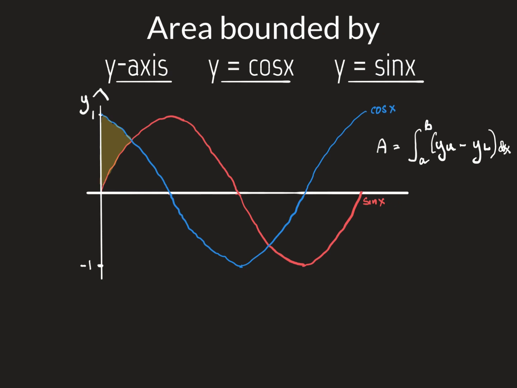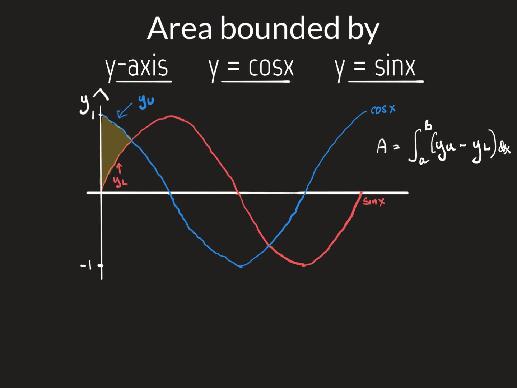And by drawing these functions, we were able to establish that the upper function is going to be the blue cos function, and the lower function is going to be the sine x function.